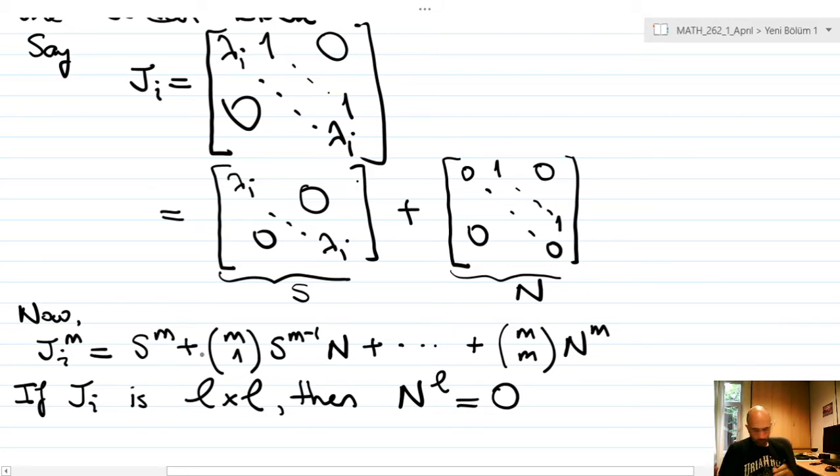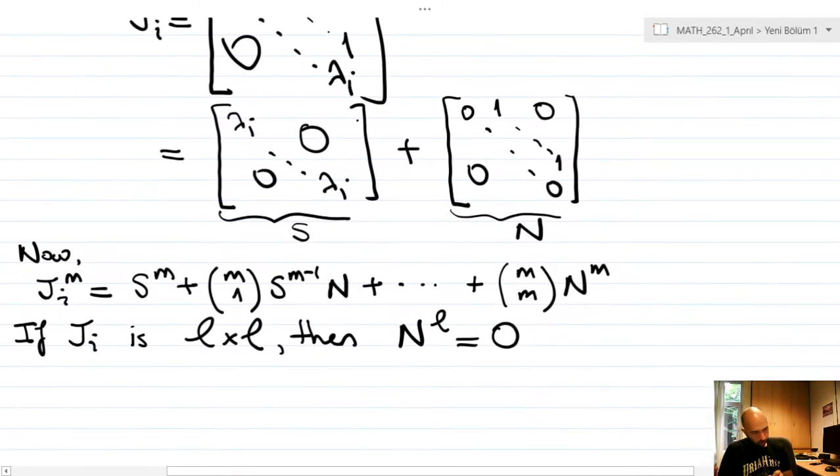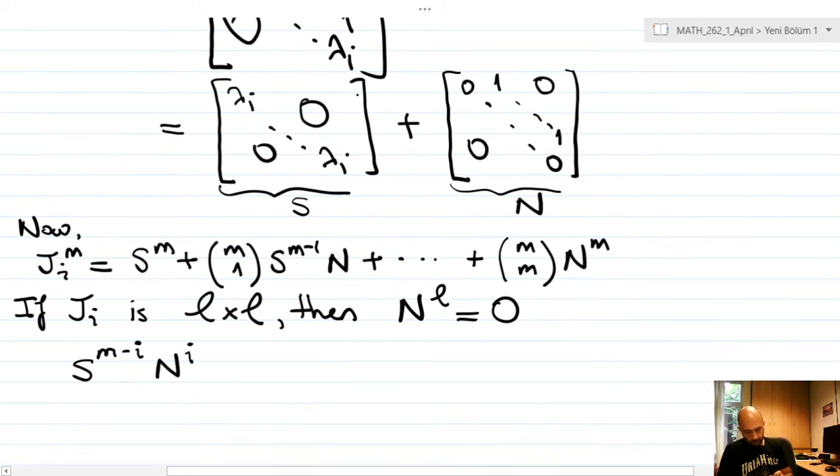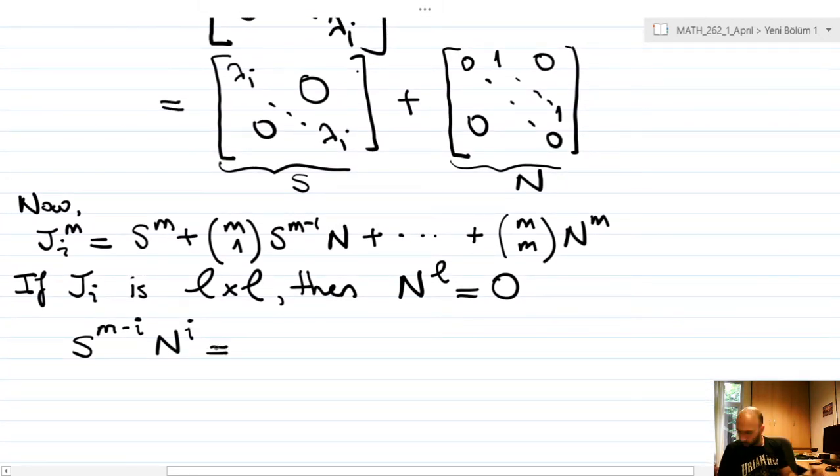Now, if we want to compute this, we should understand what S to the power M minus I times N to the power I looks like. An easy computation shows that you get exactly the following.